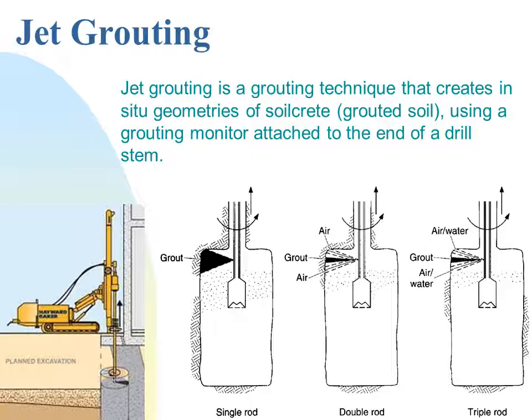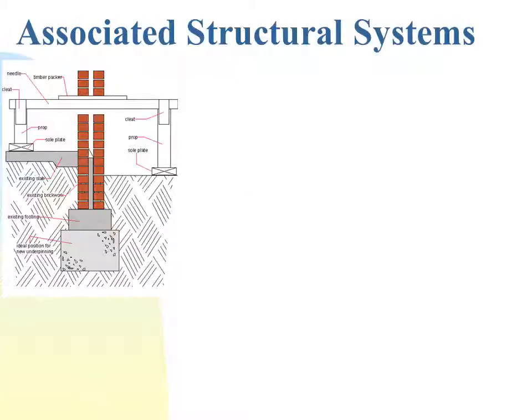So now you will not need the piles anymore. You don't need anything anymore. The soil itself became more like a cementitious material, cemented to each other. So now you will be able to carry whatever loads you need to carry.